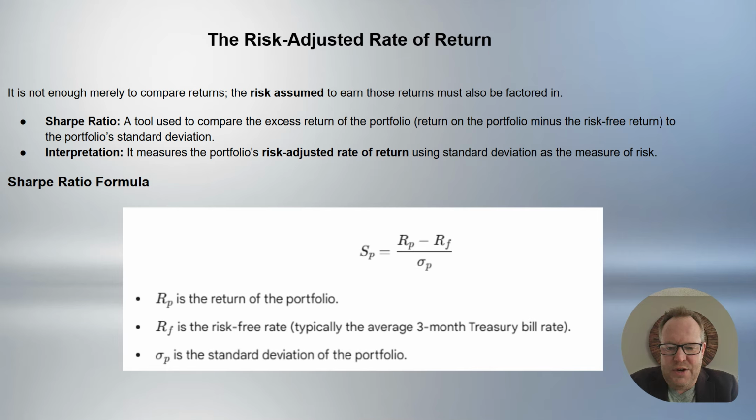And σP is the standard deviation of the portfolio. So if you have those three key numbers in a question, the risk-free rate of return, the return of the portfolio, and the standard deviation, you can use this formula to calculate what the Sharpe ratio would be. And that could easily be a question on the final exam.